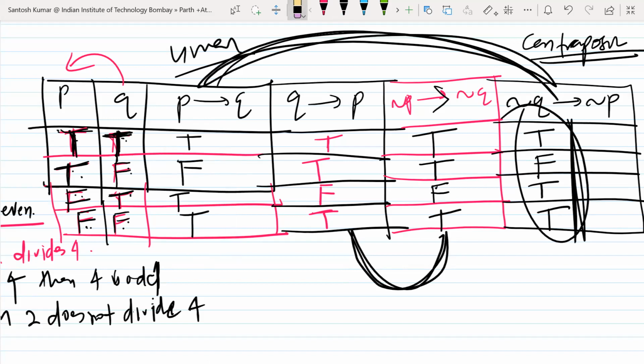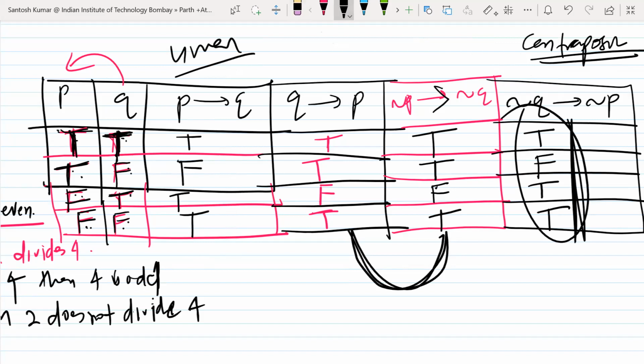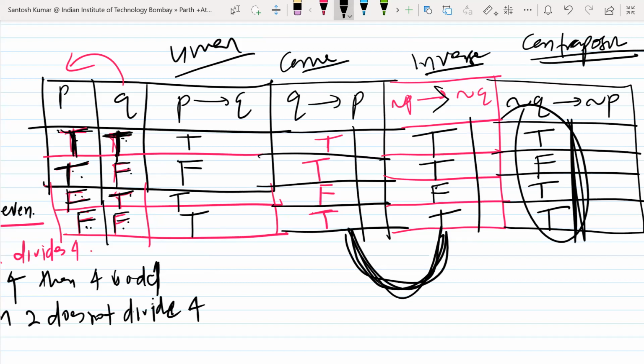And if you see here for this converse and inverse, what do you see? Both have same truth values, means these two are equivalent.